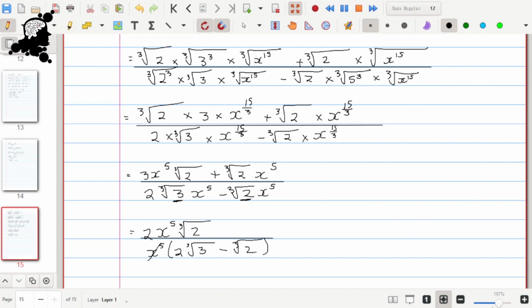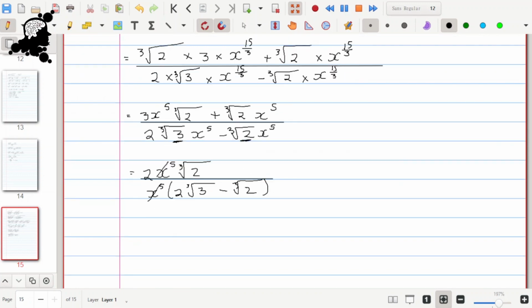The x to the power 5 and the x to the power 5 will cancel out. And this is going to give us the cube root of 2. This is 2 cube root of 2 all over 2 cube root of 3 minus the cube root of 2. There we are. Question is done.